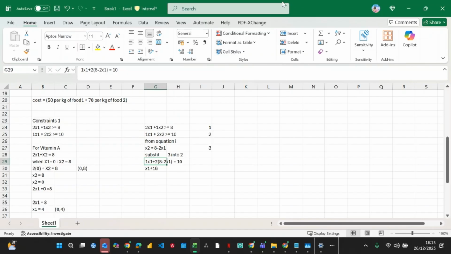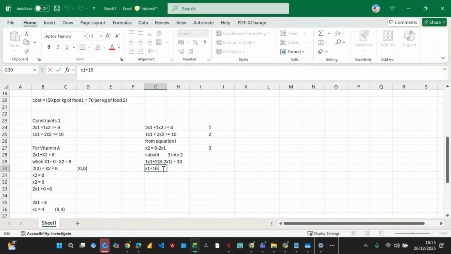Okay, so what I was trying to do here, we are seeing how we can solve this equation simultaneously. So I have created an equation 3 here, which is to say x2 is equals to 8 minus 2x1 from this equation. I now want to substitute equation 3 into equation 2 to give me this.